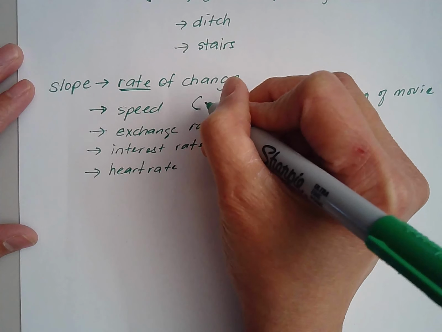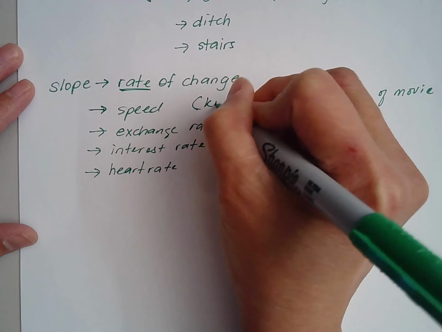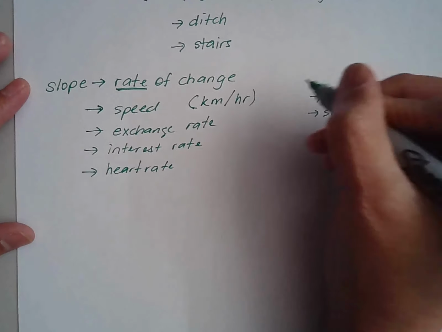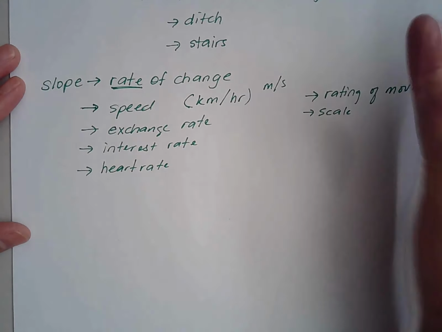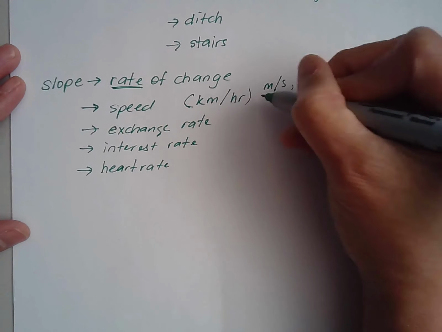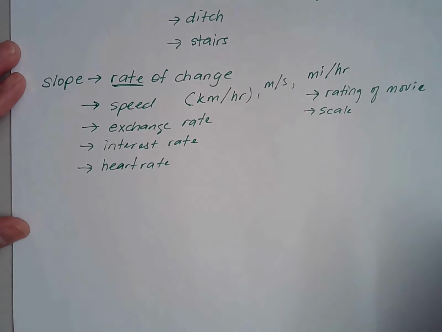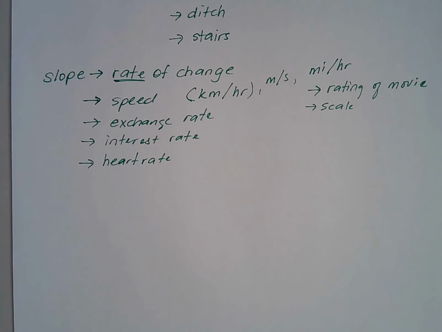Miles per hour, that's US. Kilometers per hour, let's use Canadian. Meters per second if you're taking physics. Okay, we'll just put miles per hour.